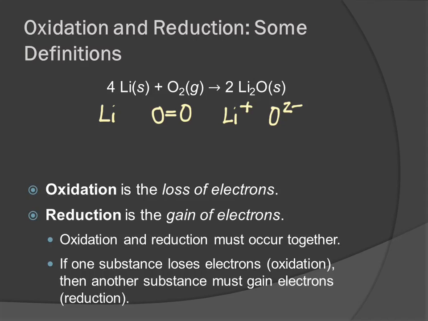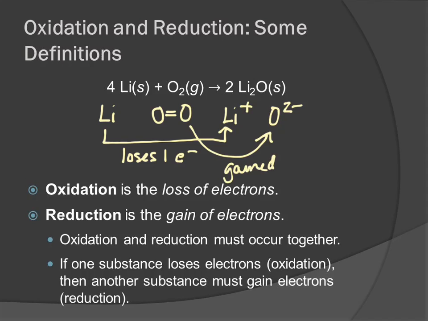It lost them because electrons are negatively charged. So in this process, lithium loses one electron. The oxygen became O2− by gaining electrons. So each oxygen gained 2 electrons.